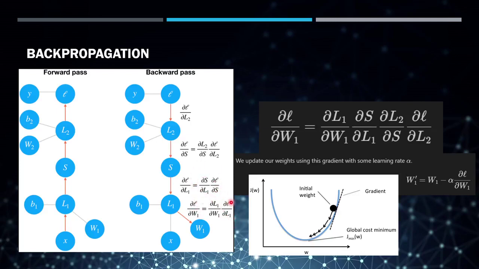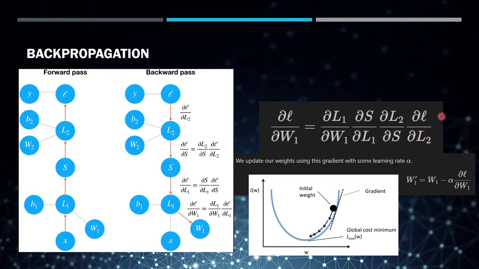So if you want to update the weight W1, you have a result like this, and like a normal function, you minimize this function. It would not be advisable to directly equate it to 0.